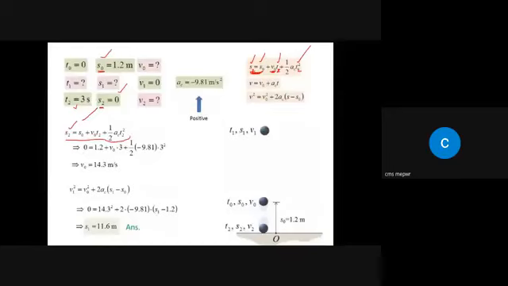S naught is equal to how much? 1.2. V naught is not given. T2 is 3. So put it over here. Acceleration is constant, for a free falling body it is 9.81 due to gravity, and this is T. So from here we find V naught.